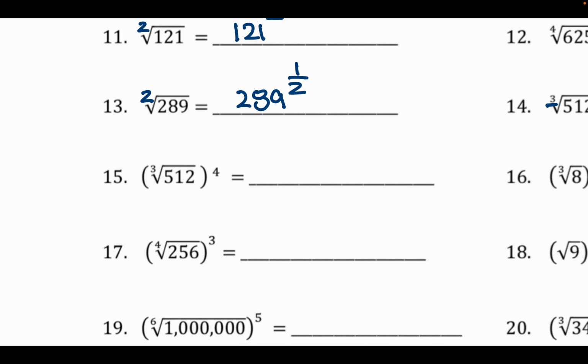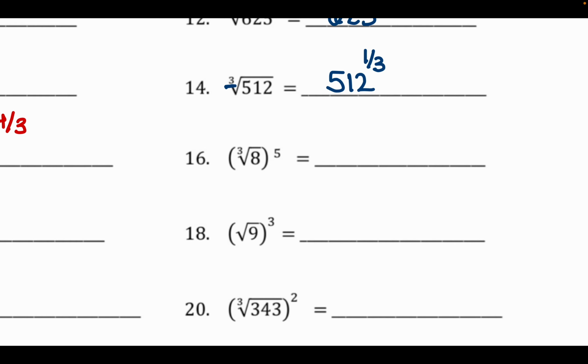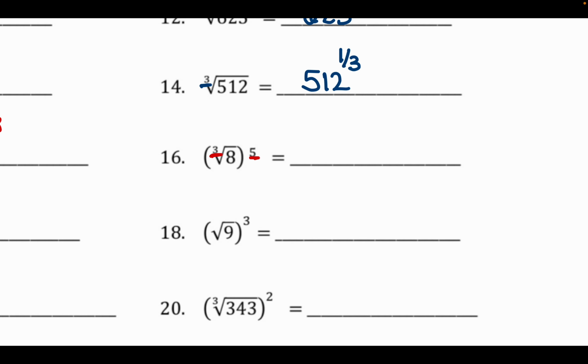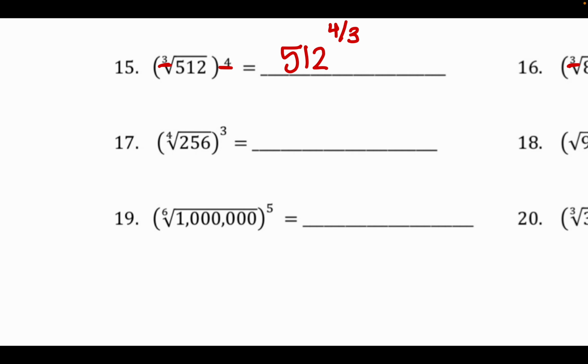Okay, number 15. So it is the cube root of 512 all to the 4th power. So the 3 is the bottom of the fraction, 4 is the top. So it's 512 to the 4/3. 16. So 3 is the bottom, 5 is the top. So this is 8 to the 5/3. 17.